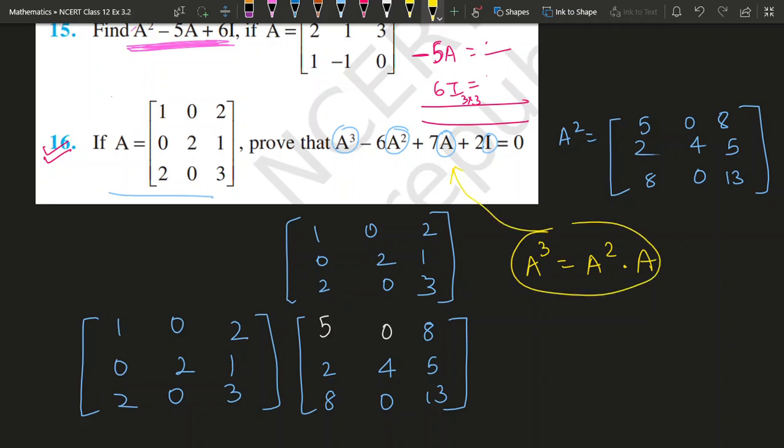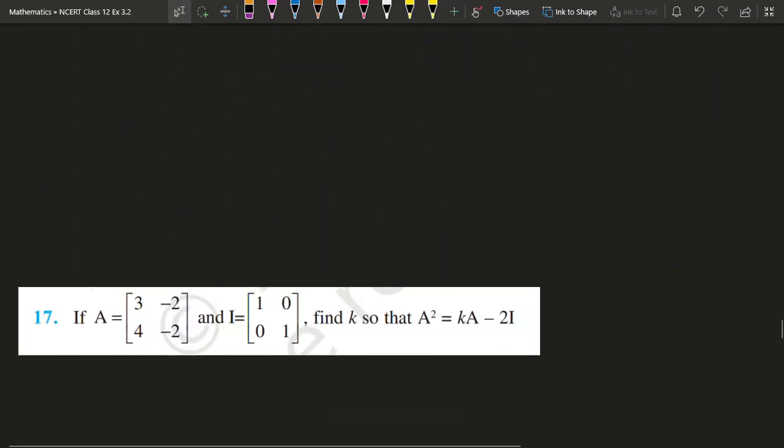And hopefully, once you compute this entire left hand side, you would get that to be equal to the zero matrix of order 3 by 3. So that would be some sort of a numerical exercise. If you want to skip it, you can, because we have plenty more problems that we can consider solving.